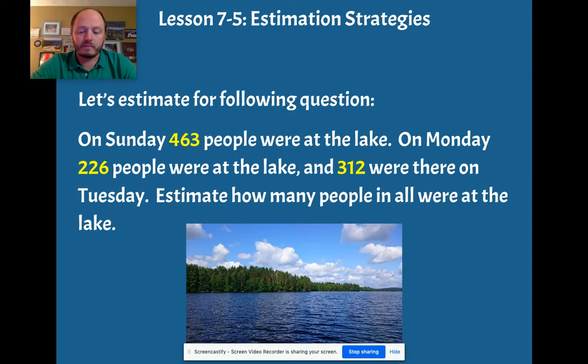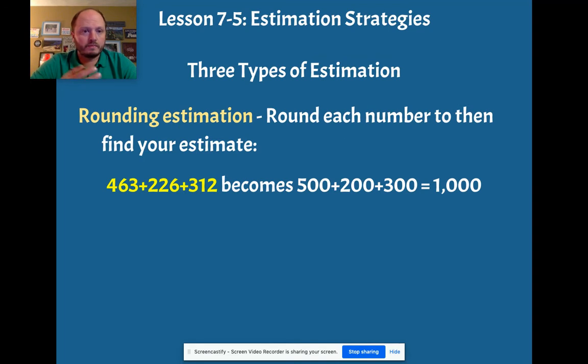Okay, so what did you use? What numbers did you use? Did you do some rounding? We worked on rounding yesterday. What do we have if we round? So rounding, we take each one of these numbers, 463, 226, 312, and we round to the nearest 100.